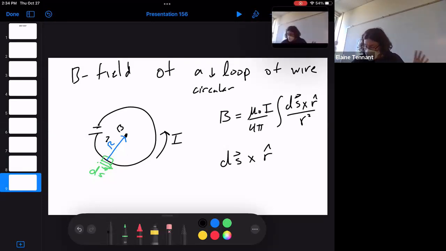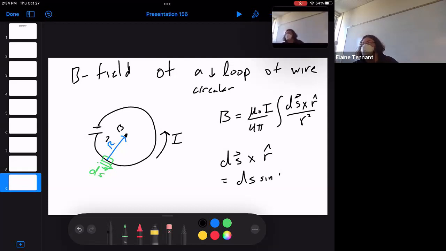Again, the r hat has a magnitude of 1. So I have the magnitude of ds, I have 1, and then I have the sine of the angle between them. What is the angle between my ds and my r vector?